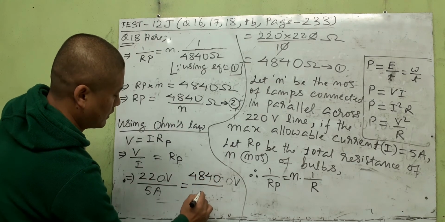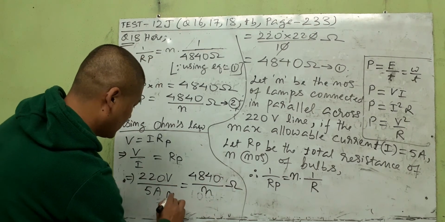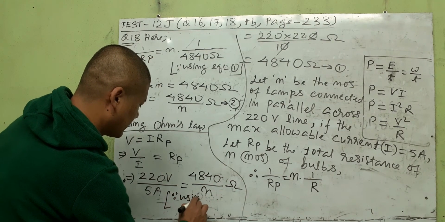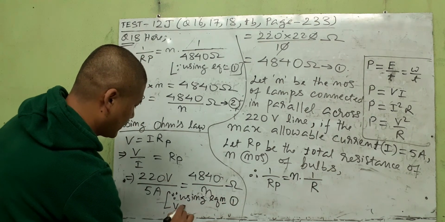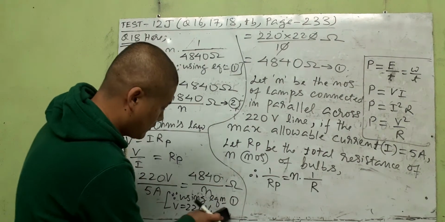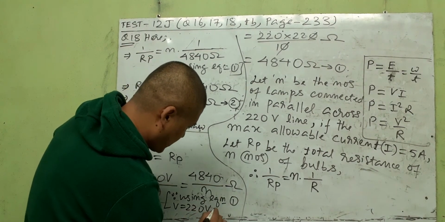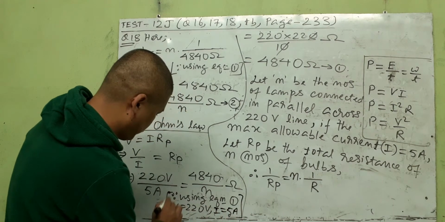4840 divided by n, this much ohms, and we can write here, since using equation number 1 and knowing that V is equal to 220 volt, and one more, I, the maximum allowable current, is 5 ampere. All this information we have.